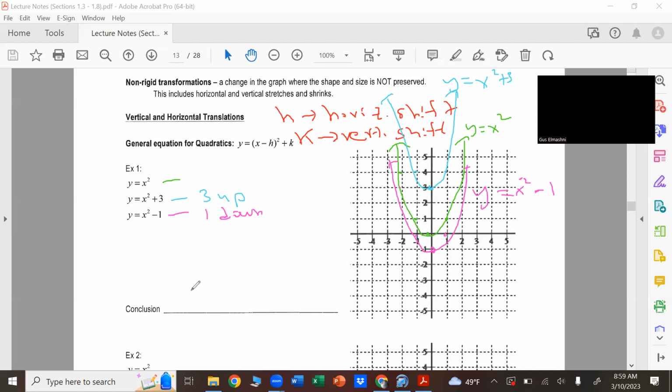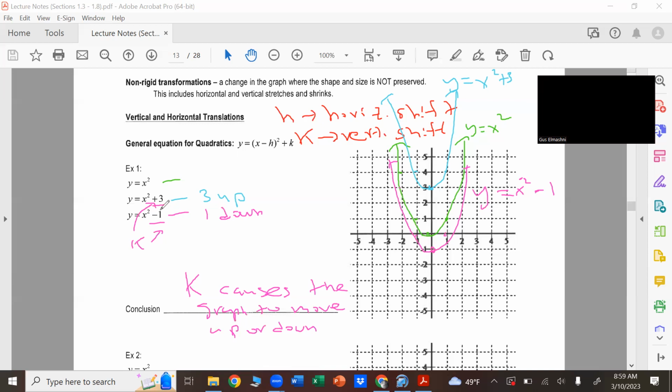So the conclusion is that K causes the graph to move up or down. So each of these are K. K is a number you're adding to the outside of the function or subtracting. Subtracting moves it down, adding moves it up.